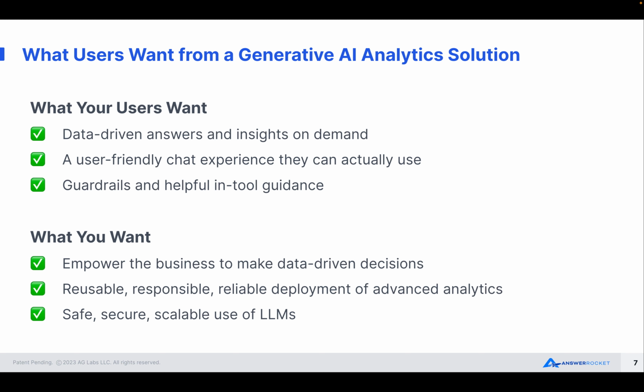We think that your users want guardrails. They don't want to go off track and ask questions that aren't going to have a good answer, or that aren't going to be useful because the data's not there. And we know that you want to empower them to go wherever their curiosity leads them, and securely know that the results they're getting are always valid. So we think Max brings all that together.